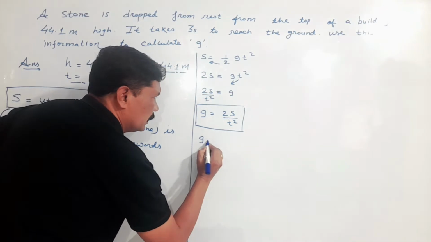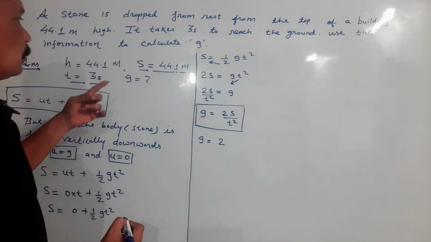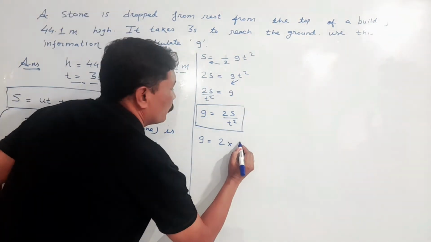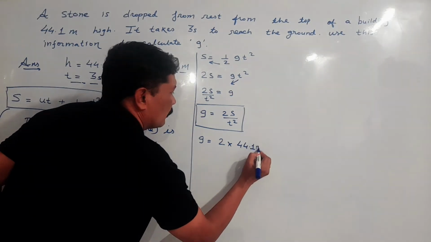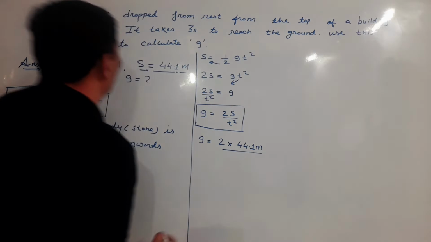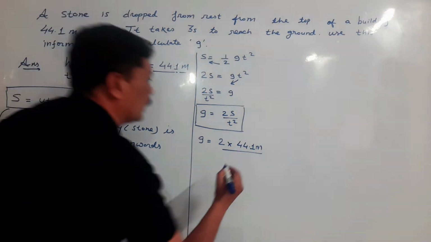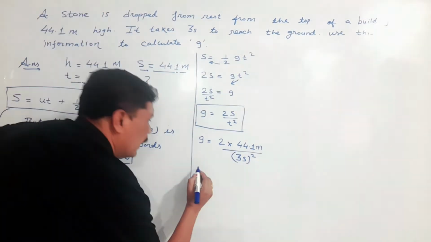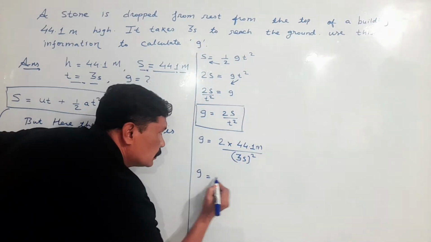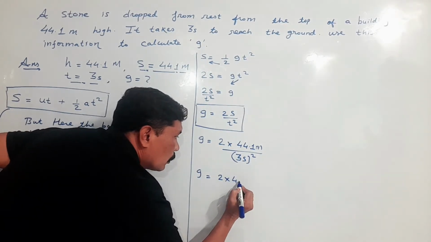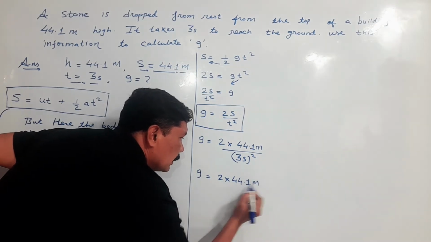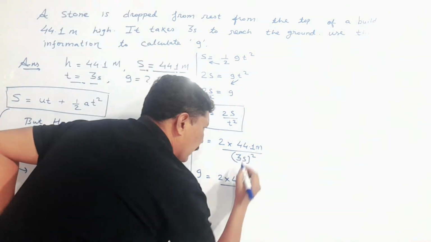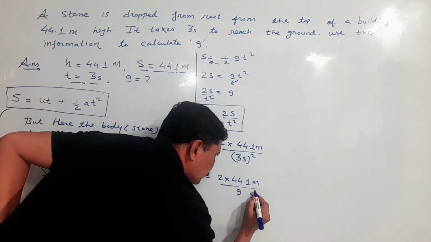Let's put the value. g is equal to twice S, and twice S displacement is equal to 2 into 44.1 meter upon, and the time here is given, 3 seconds. So 3 second square we can take. So my dear student, this we can write g is equal to 2 into 44.1 meter upon 3 3s are 9, and second square we will write here s square.